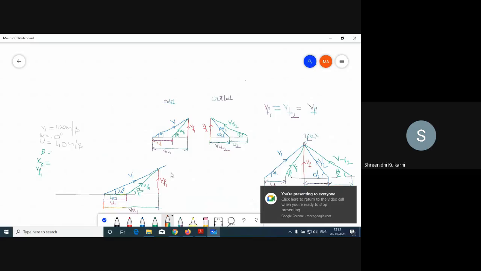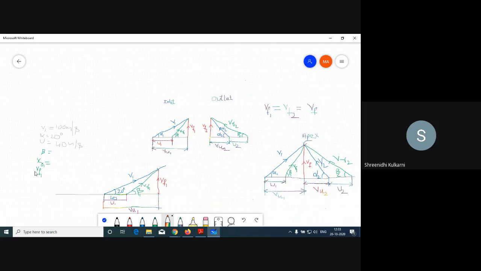Next, coming to the outlet velocity triangle, definitely we have Vf1 equals Vf2, and whatever the Vr1 is, they will give. If it is a reaction turbine, they will give the condition; if it is an impulse turbine, Vr1 equals Vr2.